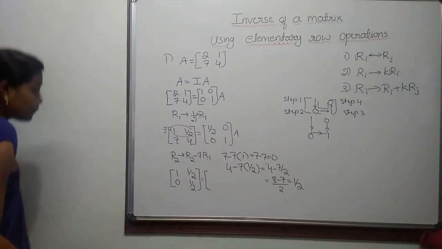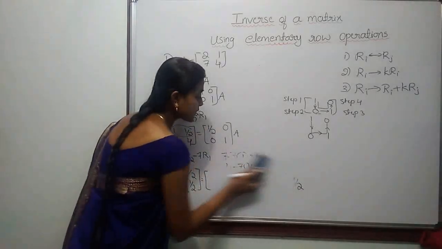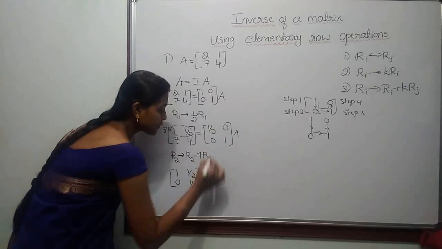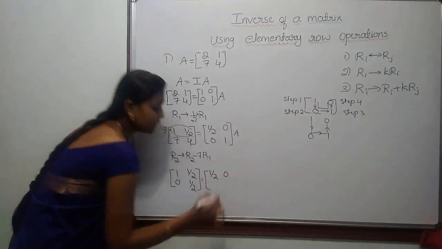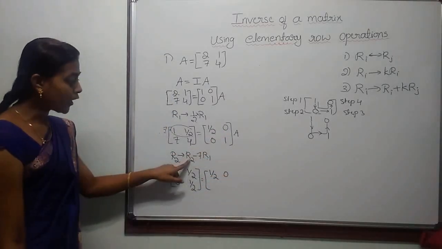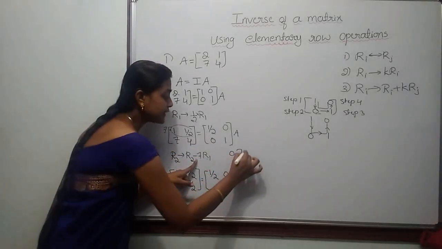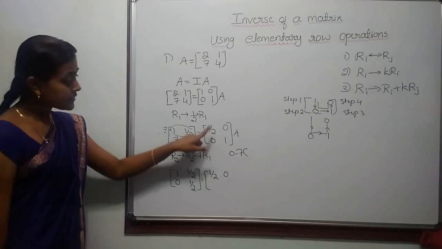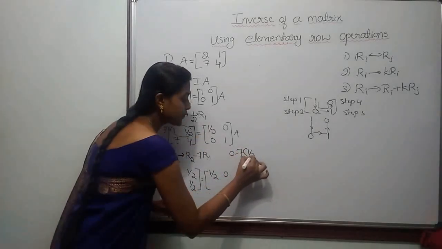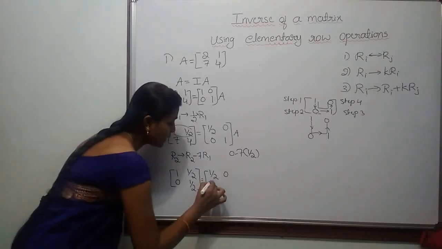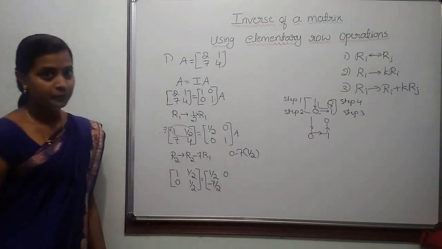Now apply the same operation in the RHS also. First row as it is. In the second row, R2, first element of R2 is 0 minus 7 into R1, first element of R1 is 1 by 2. 0 minus 7 into 1 by 2 is minus 7 by 2.